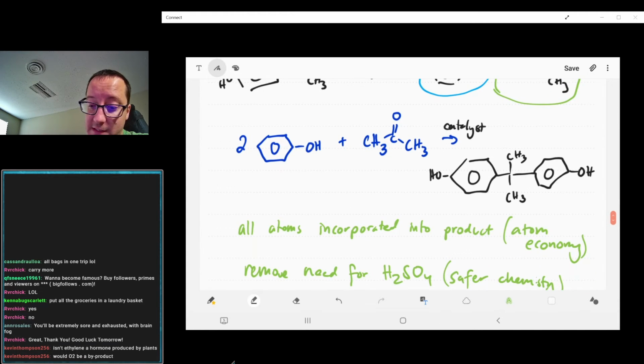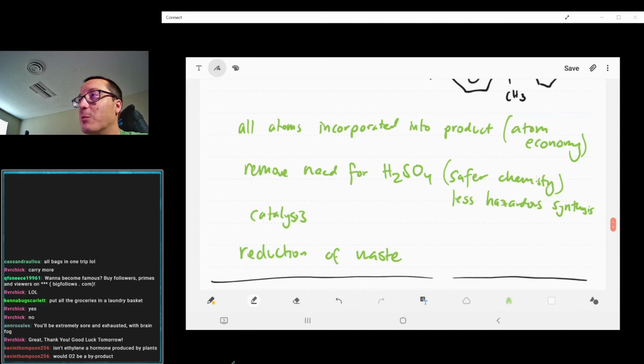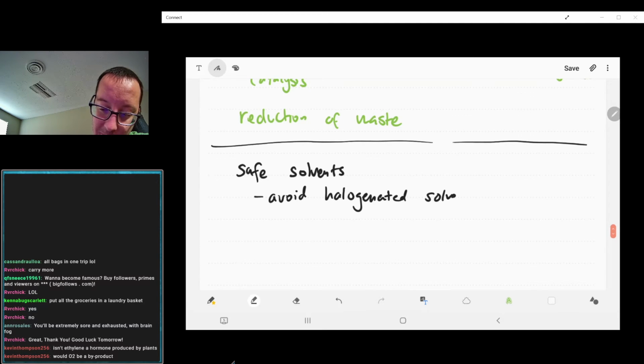However, we would probably get water out of this second reaction. Just whatever catalytic stuff we need to put in there, probably some catalytic acid. We would probably end up with some water out. So not toxic waste. Okay, so safe solvents. We want to avoid halogenated solvents. We want to avoid corrosive ones too.